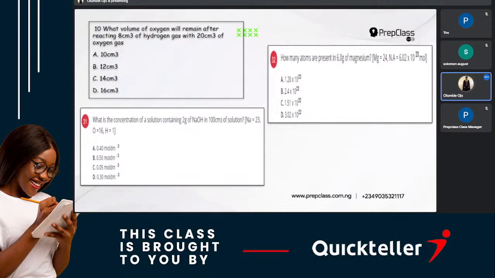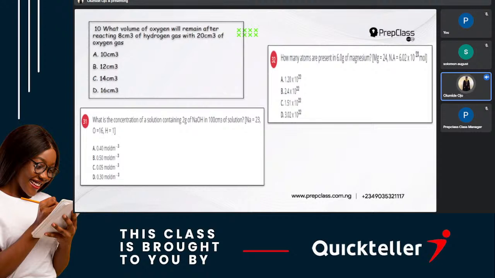If 8 equals 2, 1 will be equal to 4. We can get 4 in 20. If 20 equals 1, 2 will be equal to 40. We cannot get 40 in 8. So we are going to go with the first one. If 8 equals 2, then 1 will be 4. So the volume of oxygen that will be used up is 4 cm3.